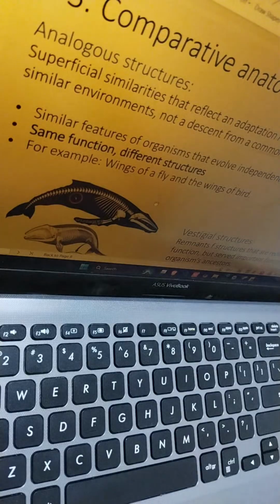Similar features evolve independently, with the same function but different structures. For example, the wings of a fly and the wings of a bird.